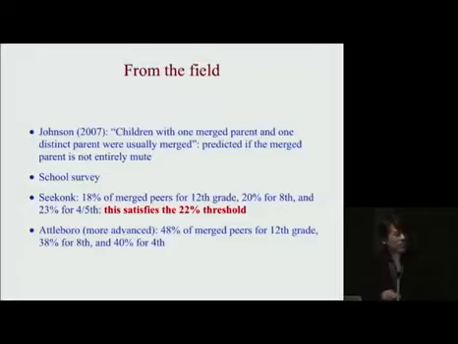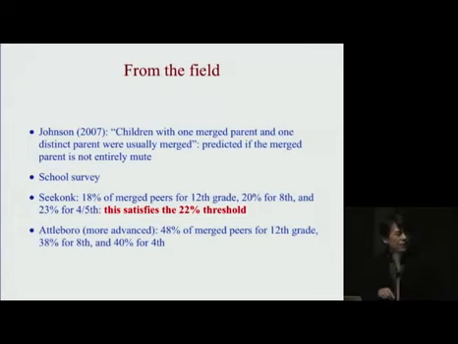In his school survey, this is what I thought was pretty compelling. He went to the school board and found the demographic data of where the children were born, exactly at the time when the merger knocked out the distinct system. He found that at the time the percentage of children from the Boston area was 18 to 23%, which is very similar to the 22% that we have calculated purely on a numerical basis.